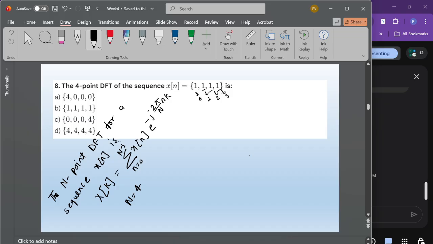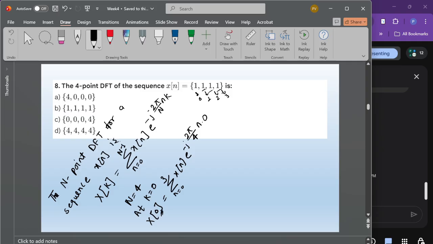Okay, so first we will calculate at k equal to 0. So here X of 0 will be there, right? Now n again varies from 0 to N minus 1, 4 minus 1 is 3, right? x of n e to the power minus j 2 pi by 4 n k, and here we are calculating for k equal to 0.